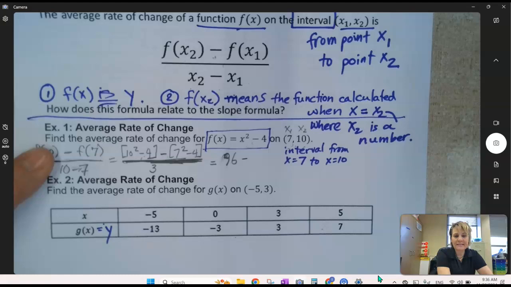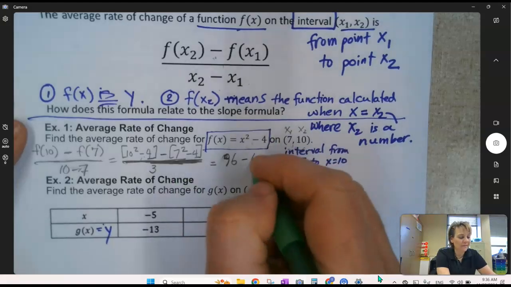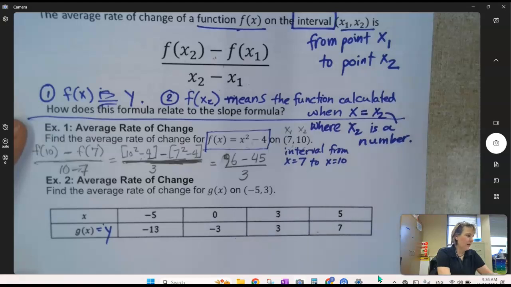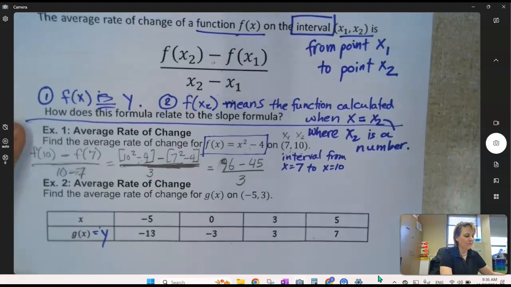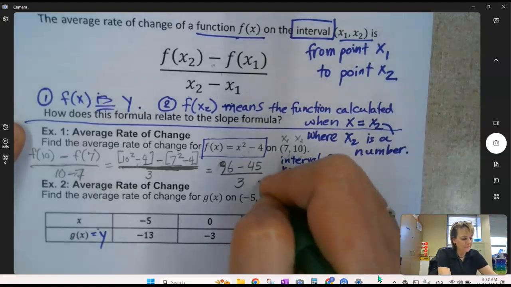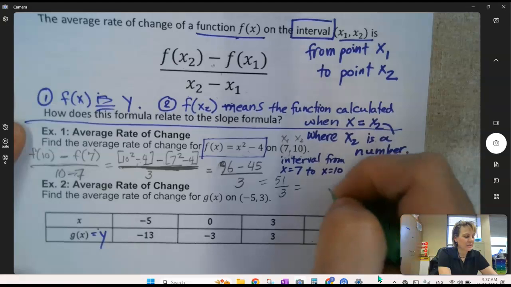And then my second function, 7 squared, is 49. 49 minus 4 is 45. Okay, so then to finish, I have 96 minus 45 gives me 51 over 3. So 51 over 3 is actually 17.